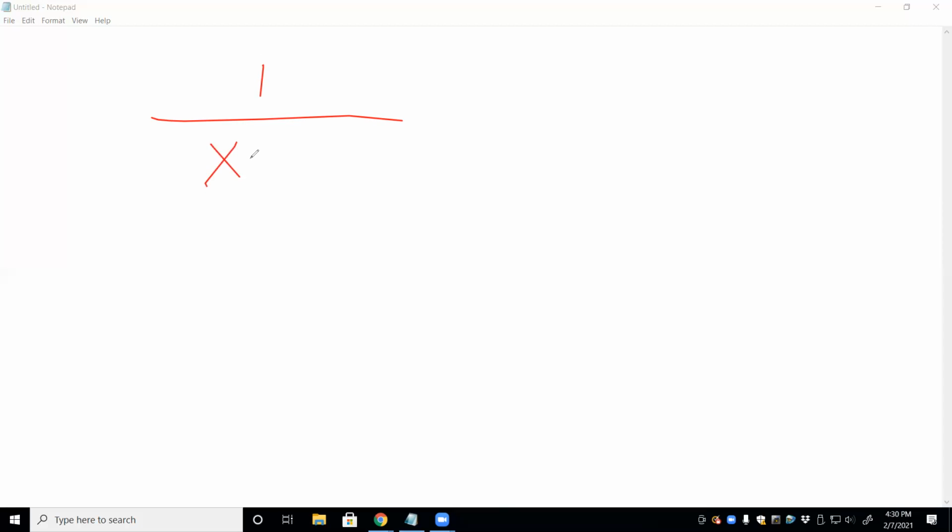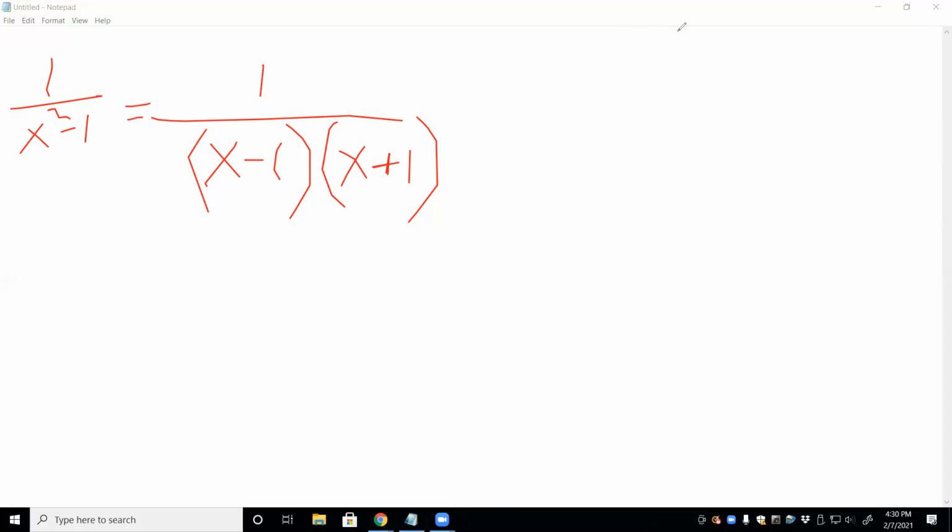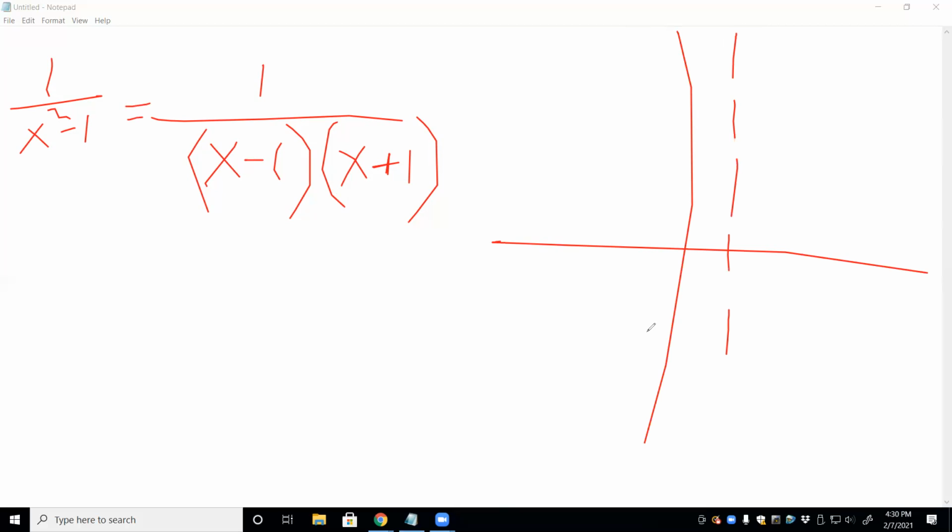Let's take this. In other words, we started out 1 over x squared minus 1. Okay. And that becomes these. So if I want to graph that, the very first place I always start is the vertical asymptotes. Well, what makes the denominator 0 when x is either 1 or minus 1? Right. So I've got a vertical asymptote there. And vertical asymptotes cannot be crossed.